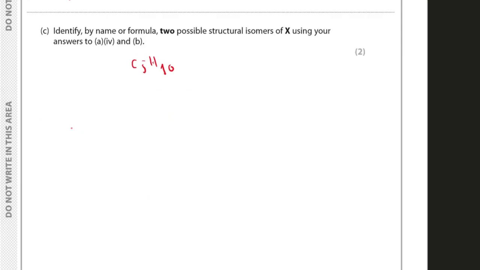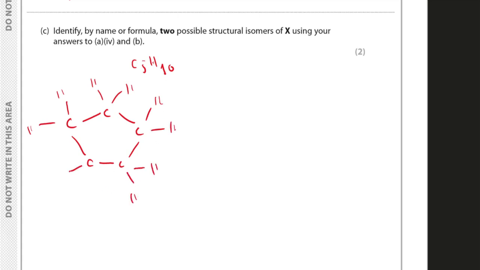We can just give one as a cycloalkane, so that would be something like this. So there are 10 hydrogen and 5 carbon, so that's one thing. You have a cyclopentane as a structural isomer, as deduced from the molecular formula provided.